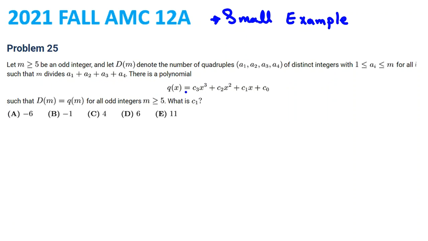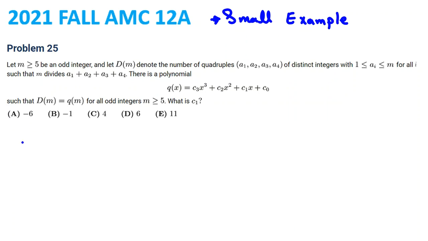There is a polynomial q of x equal to c3x cubed plus c2x squared plus c1x plus c0 such that dm equals qm for all odd integers m greater than or equal to 5. What is c1? So when we want to solve this problem, we see that understanding it is also hard. Sometimes a small example also helps us to understand the problem.